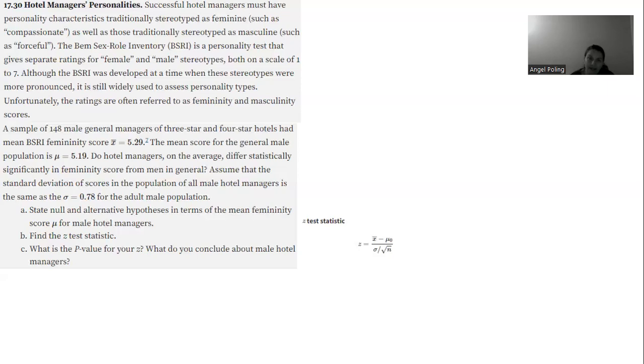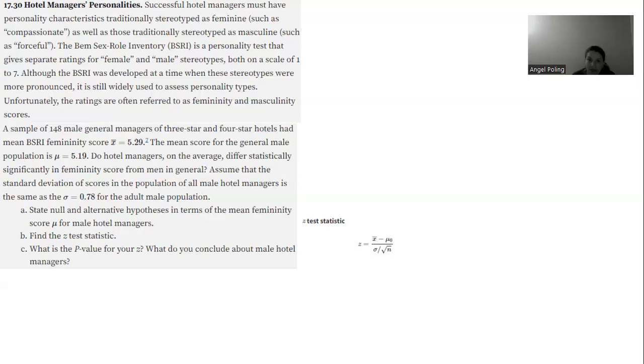A sample of 148 male general managers of 3-star and 4-star hotels had a mean BSRI femininity score of an average of 5.29. The mean score for the general male population is 5.19.